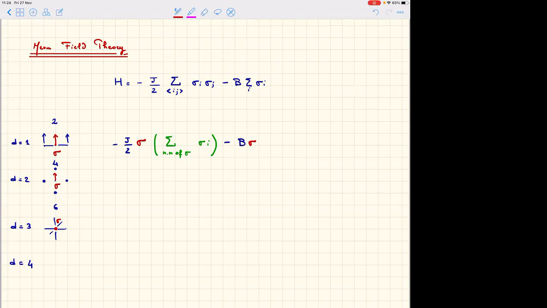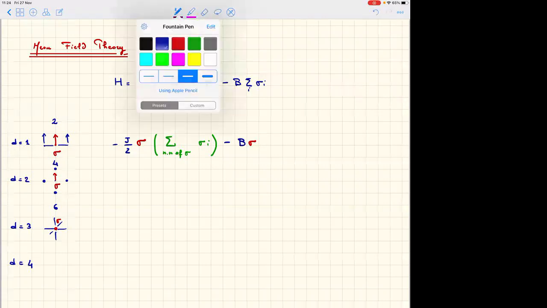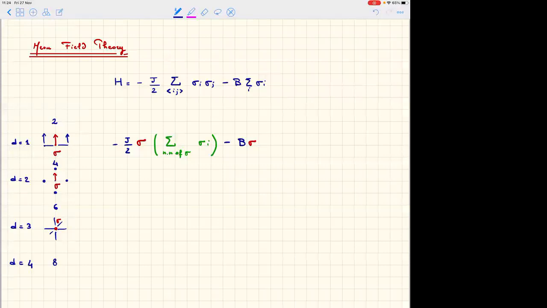But in 4 dimensions, if you have a square lattice, how many nearest neighbors do you have to one site? 8? 8, yes, correct. And so on and so forth, right?